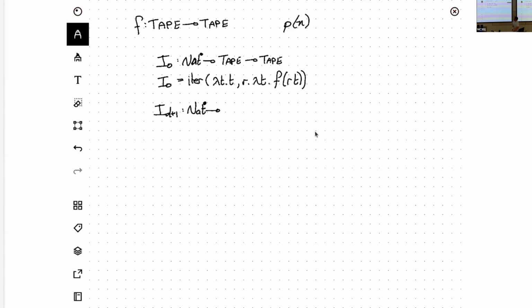Now this is slightly complicated because we've got the natural number, we're going to iterate over it, we're also going to duplicate it and then use it in every sub-iteration. So we're going to have to duplicate over and over again.